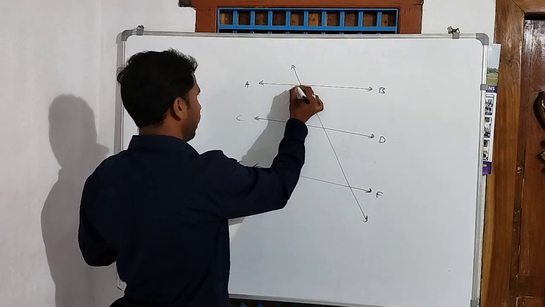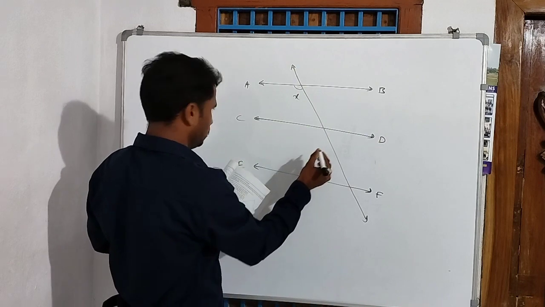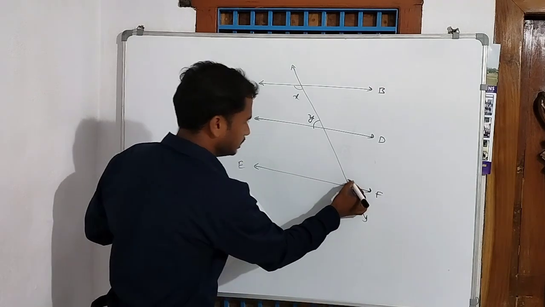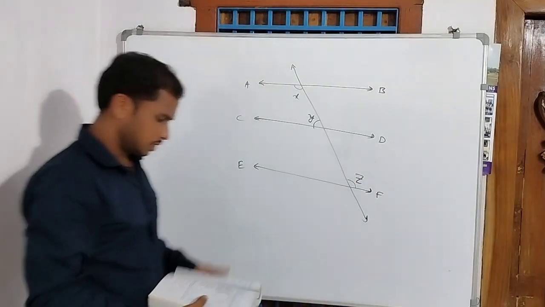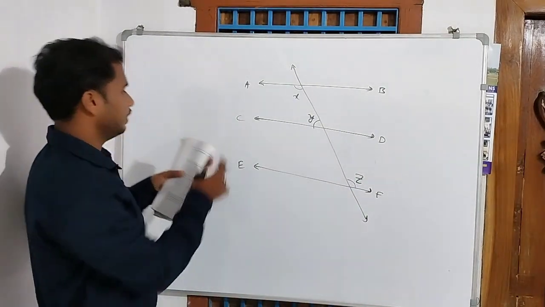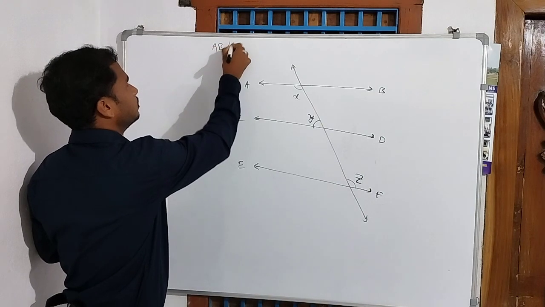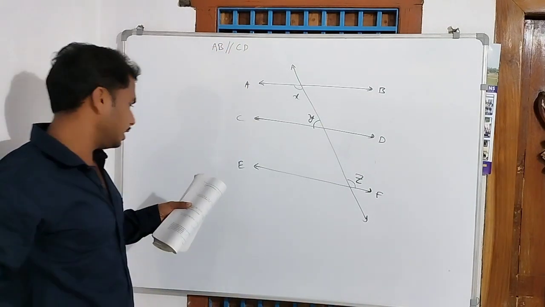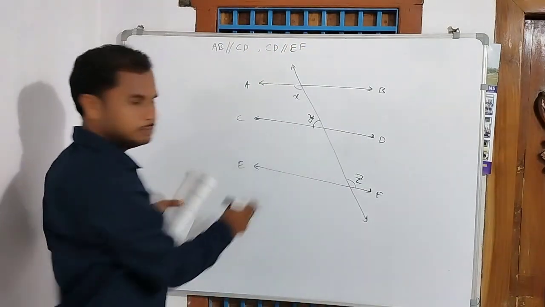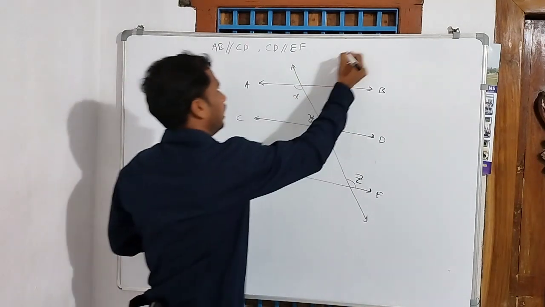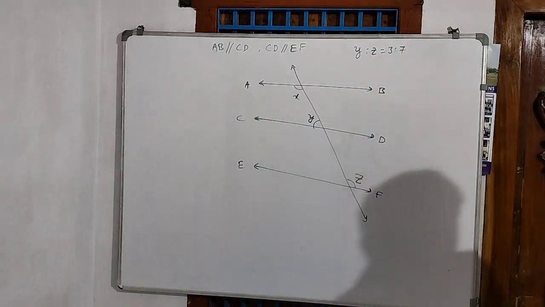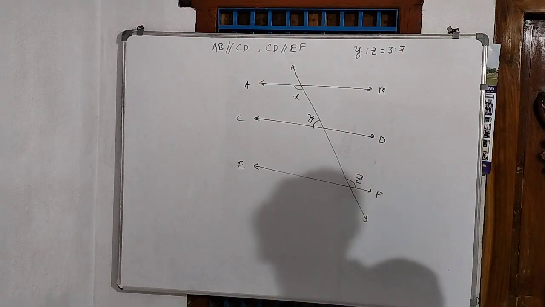Here is angle X, this angle is Y, and this angle is Z. Another piece of information is given: AB is parallel to CD, and CD is parallel to EF, and angle Y is to angle Z as 3 is to 7.